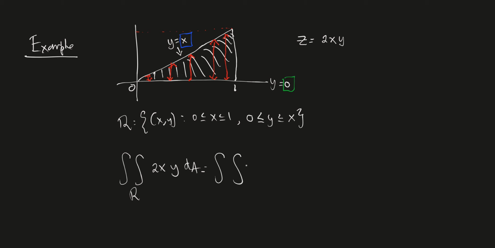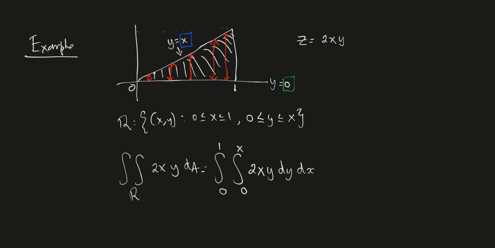Because we're integrating over a type 1 region, the x limits have to go last, which means we're going to put our y limits first. Remember, we work inside out. Then there is our function, and this will be dy, and after we do this process, we're going to do another integral from 0 to 1, and this will be dx, right?